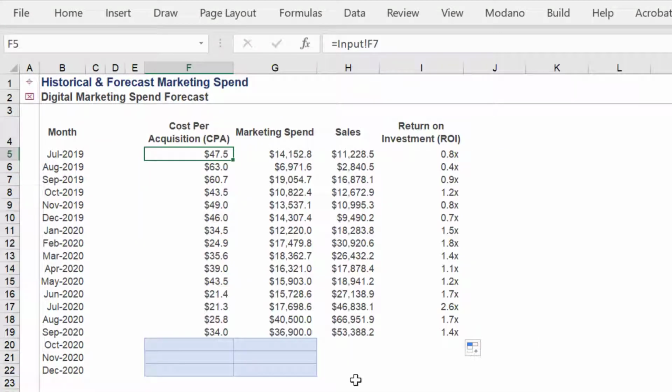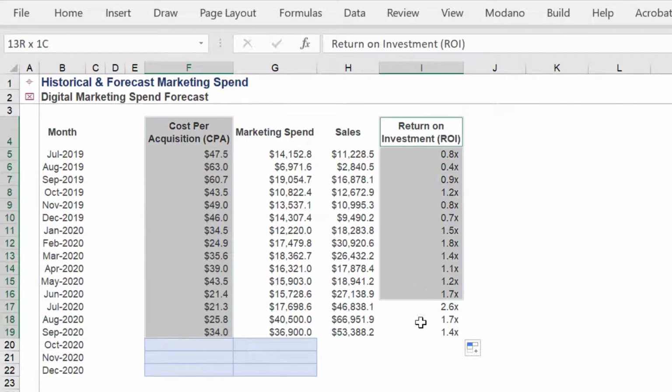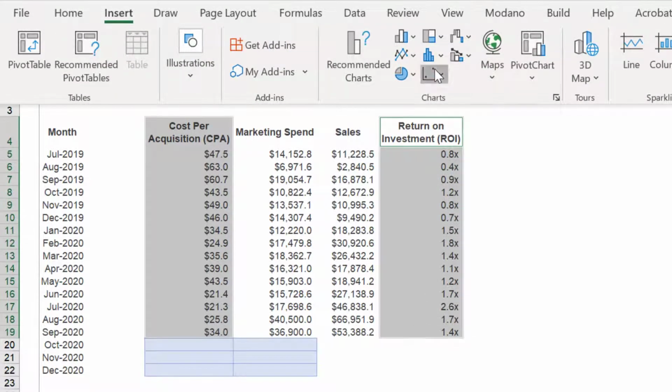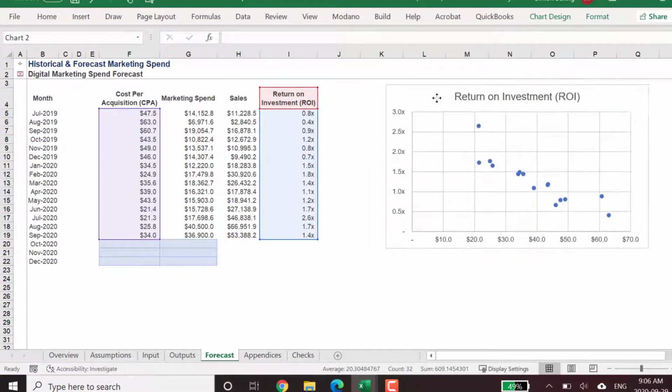Hence, the use of a scatter plot is a useful exercise to understand the relationship between the CPA and the ROI. Select the two historical data sets, select Insert and the scatter plot icon under Charts.